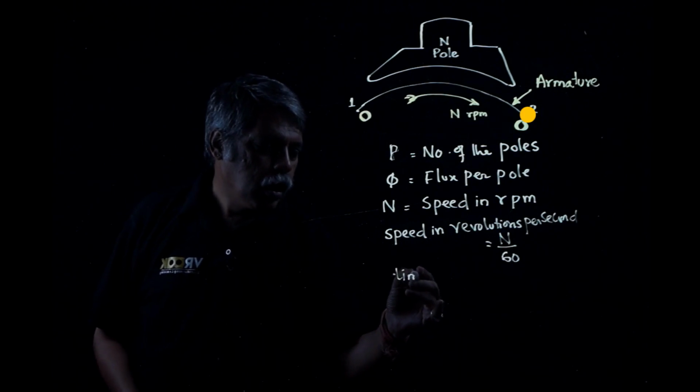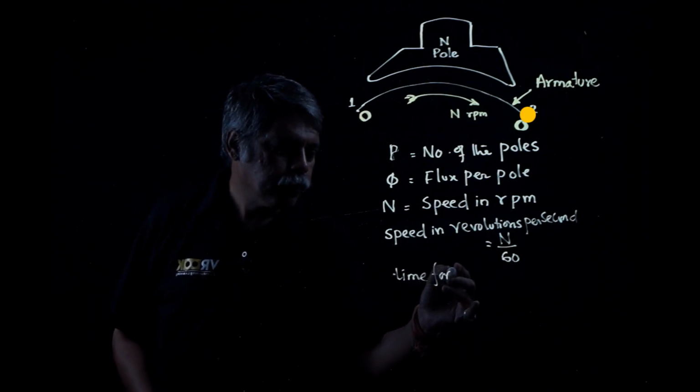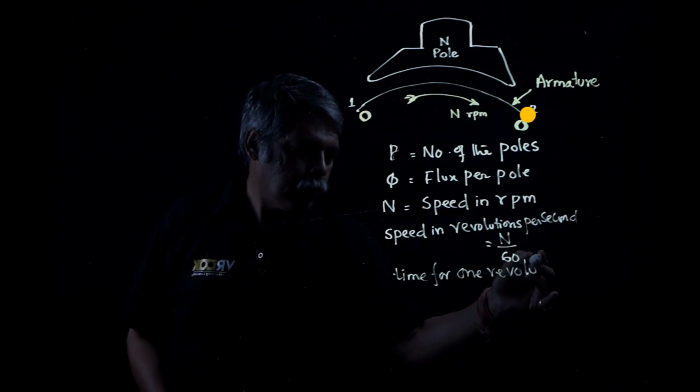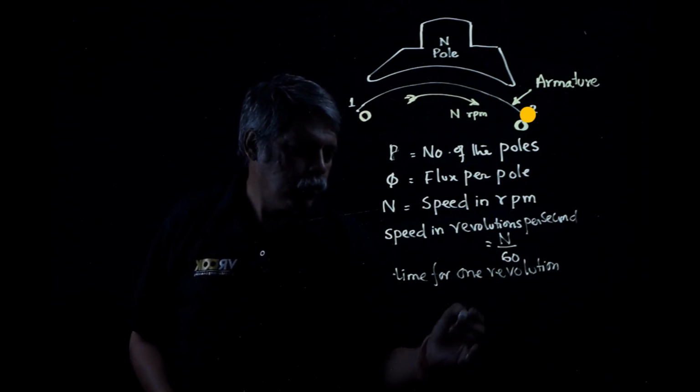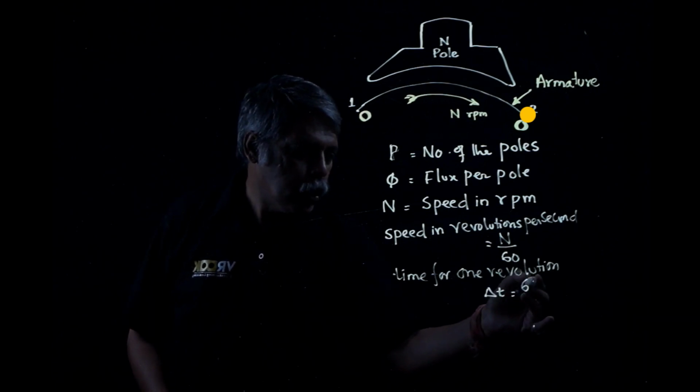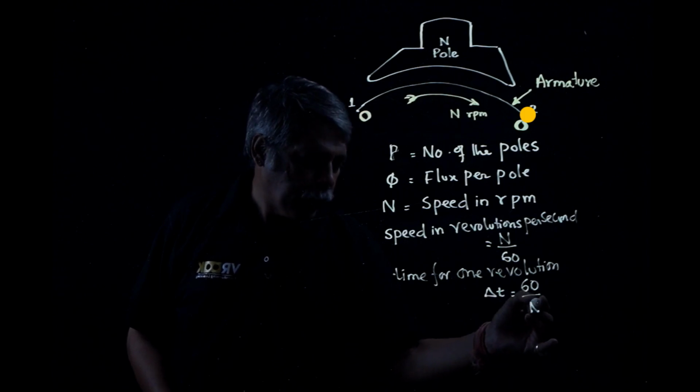Therefore, the time for one revolution, if I write this as delta T, is equal to 60 upon N.